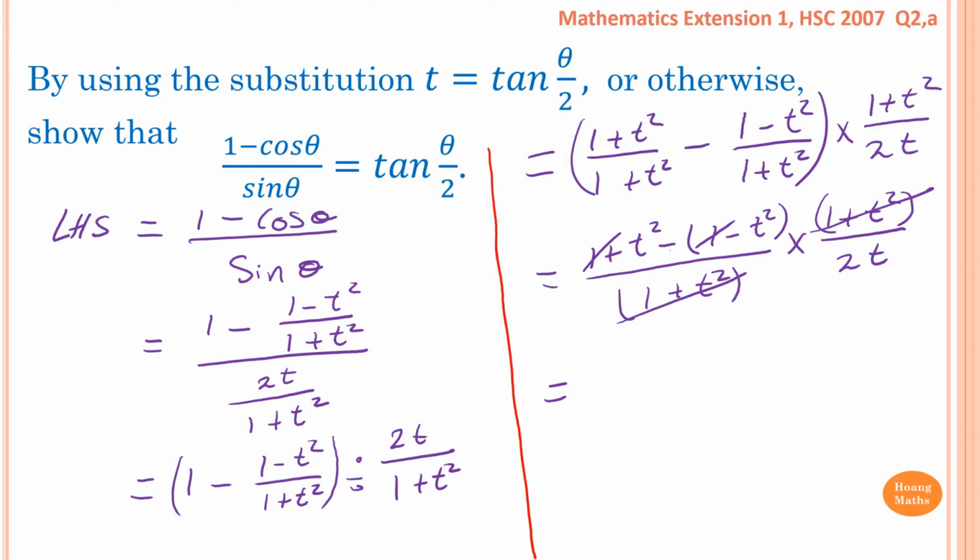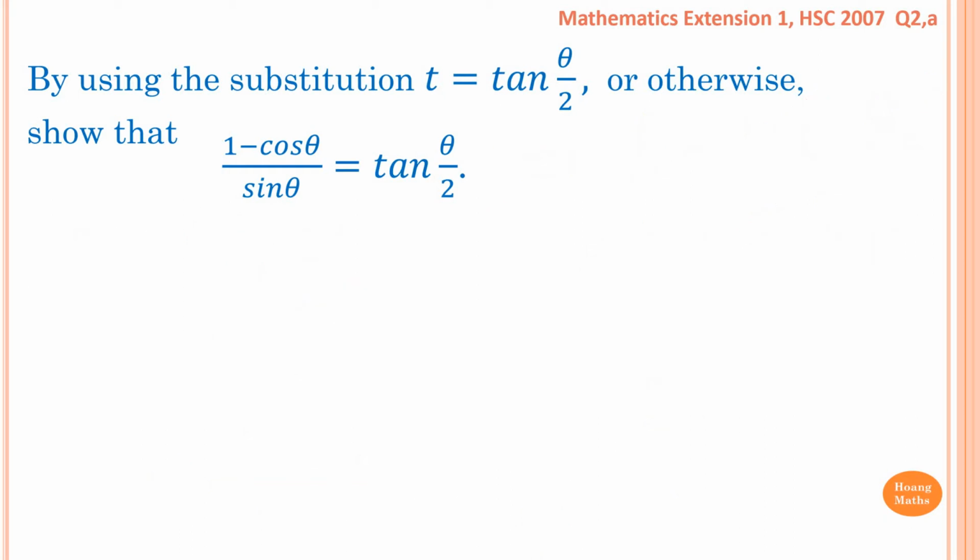So t squared plus t squared is equal to 2t squared over 2t. This cancels out, leaving t squared over t, you cancel, you're left with t over 1, which is equal to t. So that is equal to tan of theta over 2.